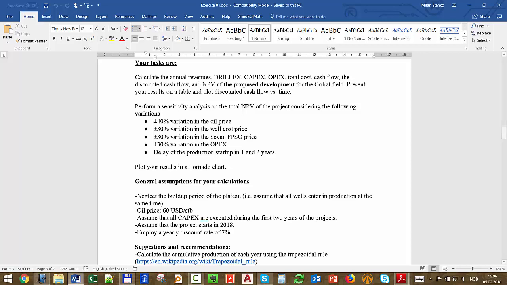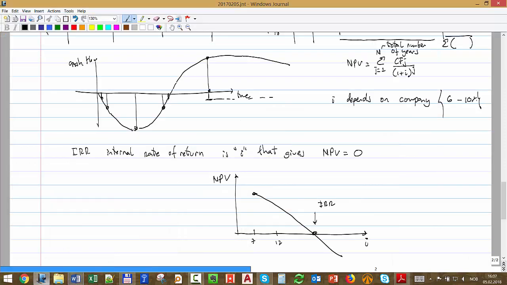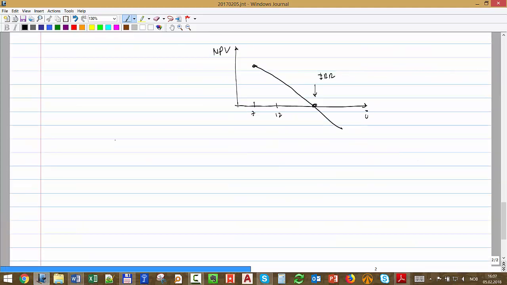Which tornado chart? You covered it before? The tornado? Yes. Yeah, tornado chart is the one that looks like this. Okay, you have the base NPV, and you have here an axis that goes to positive NPV and probably very negative NPV. And then you make the variation, for example, on the oil price.